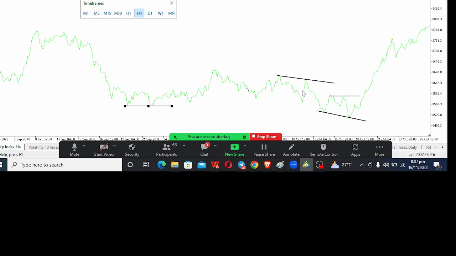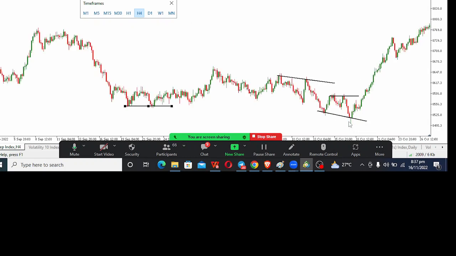So if you are not very careful, you will mark where you are not supposed to mark. You can see here the candlestick actually crosses this line, and I believe somebody lost a trade over here. Somebody picked a sell over here. So this is one of the reasons why you can switch from candlestick to line charts to mark your support and resistance.